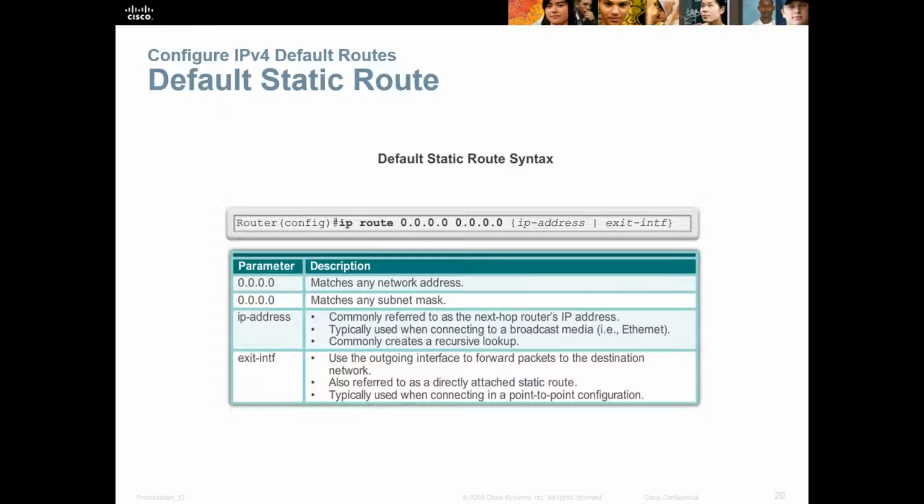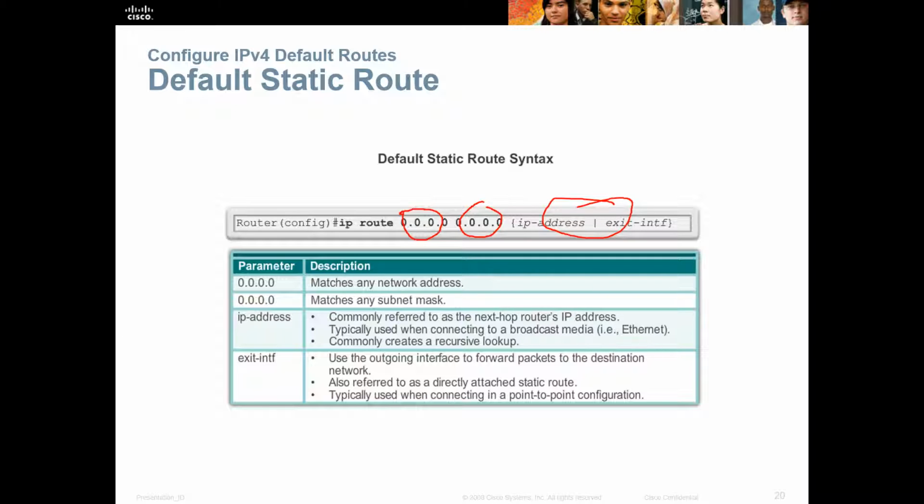So how could we set a default static route? That will be ip route 0.0.0.0 0.0.0.0, and then you either give it the next hop or an exit interface. Again, this is code: any IP address with any subnet, send here.